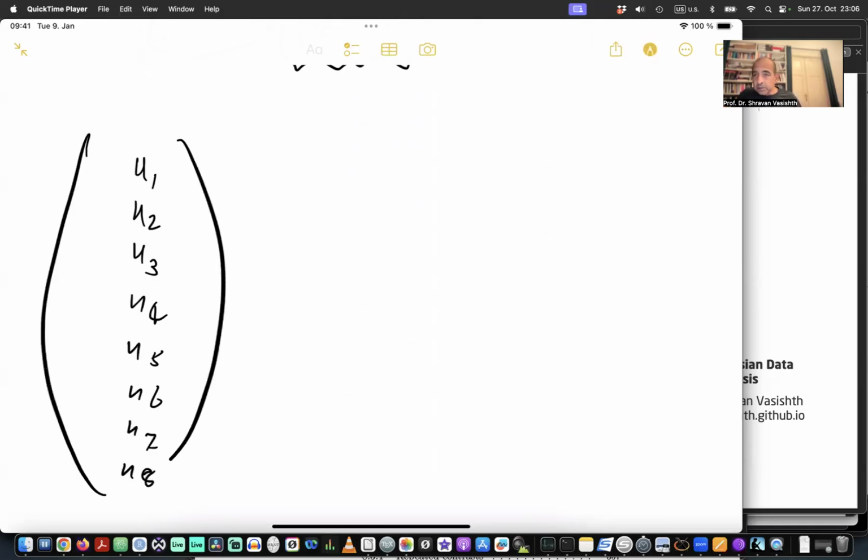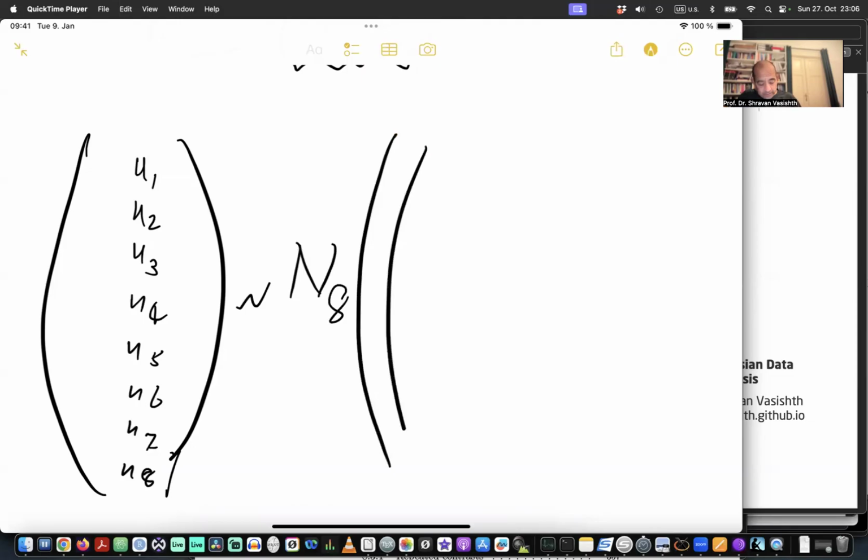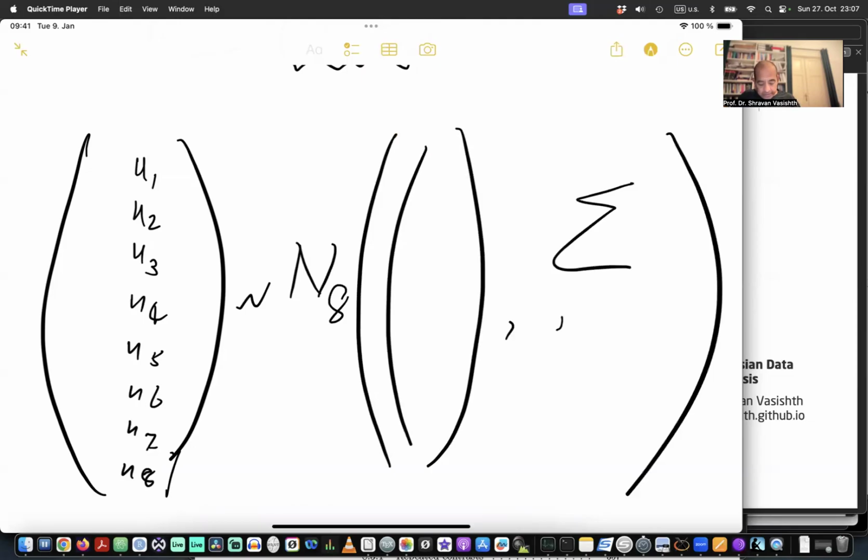This world is going to turn up all the time in data analysis, especially when we are looking at repeated measures data. It will be a normal situation to be in an 8-dimensional world with 8 mu's and a variance covariance matrix that's going to be 8 by 8.